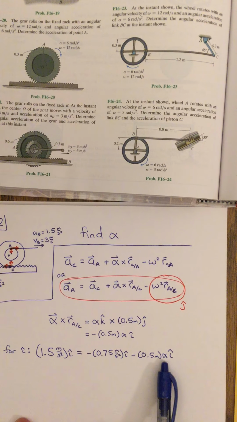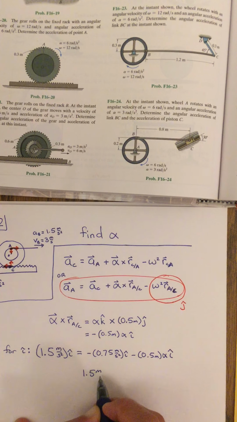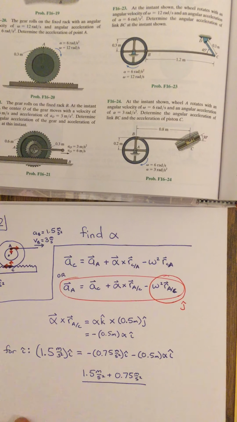Now I can take this and solve for the angular acceleration. I have to bring the 0.75 over to the other side. So I have 1.5 meters per second squared plus 0.75 meters per second squared divided by negative 0.5 meters gives me the angular acceleration.